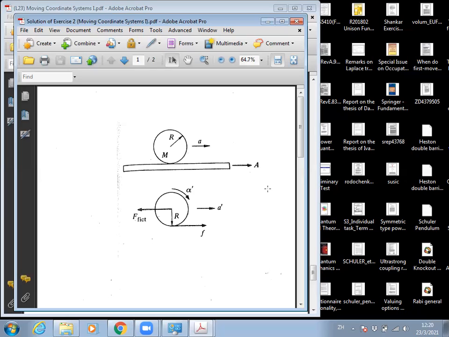In the old examples we have encountered, the fictitious force does not exist because we are using the inertial frame, right?